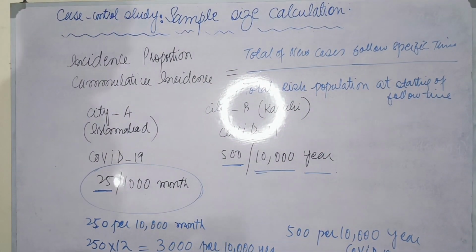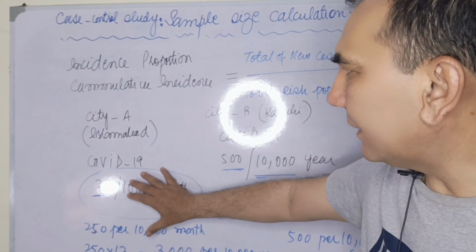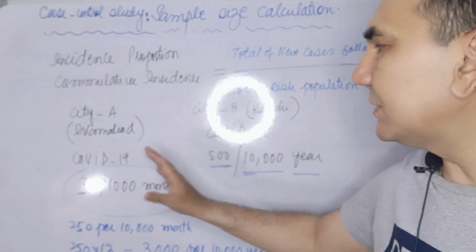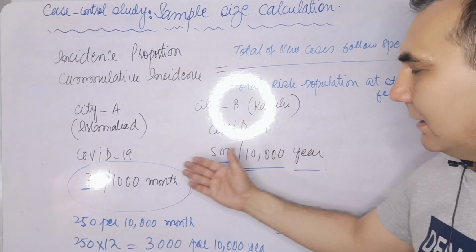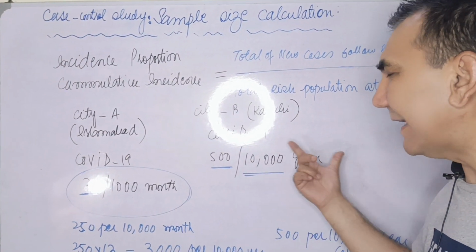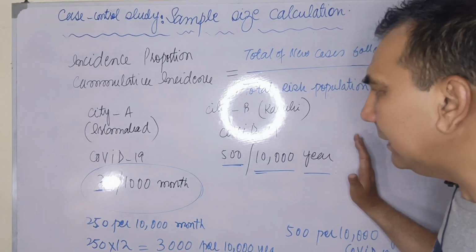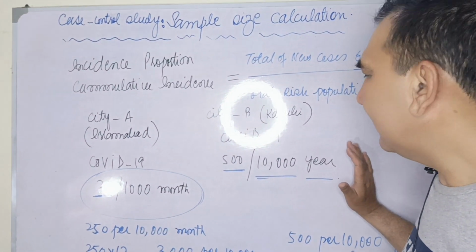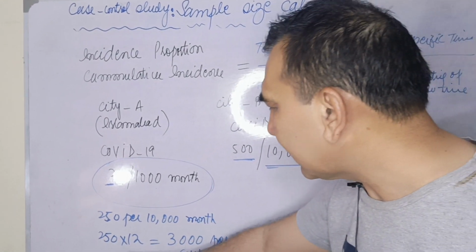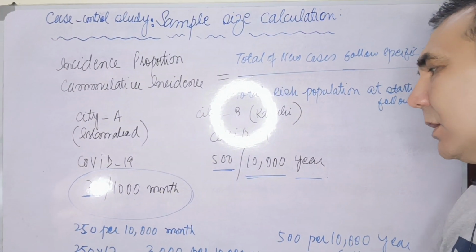Now after the calculation, when we convert the incidence rate of city A, Islamabad, which was per month and per 1000, into per year and per 10,000, it becomes 3,000 per 10,000 in a year.